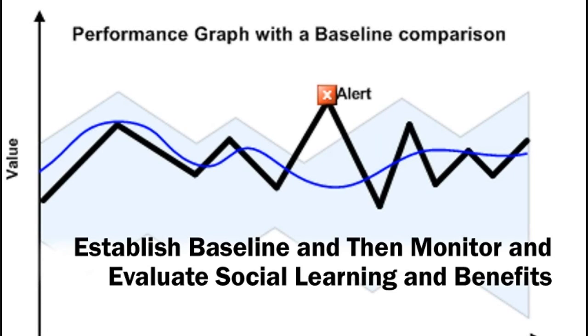What is the process we have today for understanding where we are with learning, so that we can then evaluate as time goes on, what are the benefits of what we've implemented? What have people done since we've implemented this, and what was that based on our baseline? How has this impacted it?